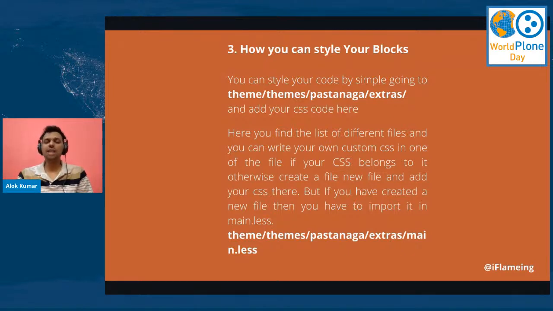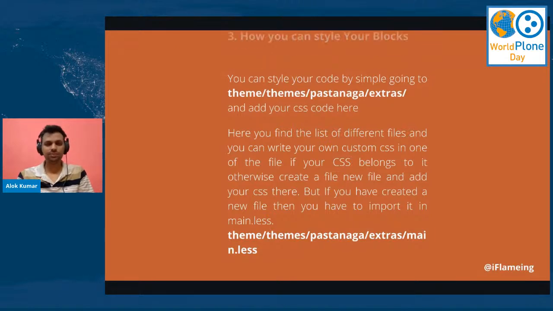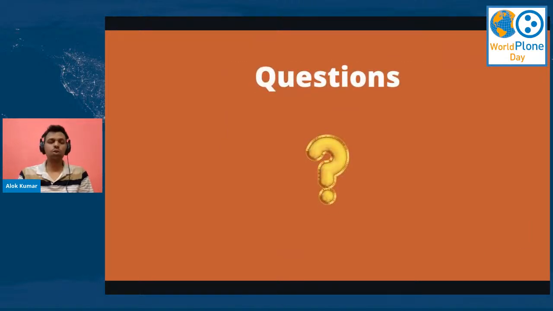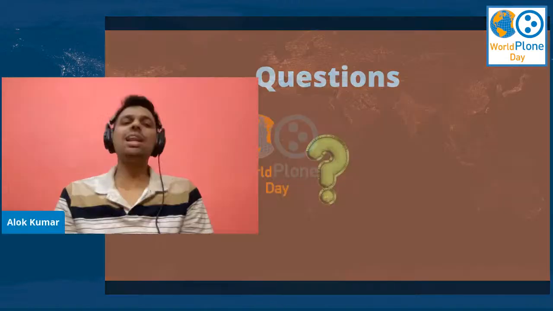So I think now we have a better understanding of how Volto works and everything. So what about questions? You can ask me questions on Twitter by just using my username iflaming, or you can also mail me, or you can also open your issues in the Volto GitHub account and I will answer those questions.